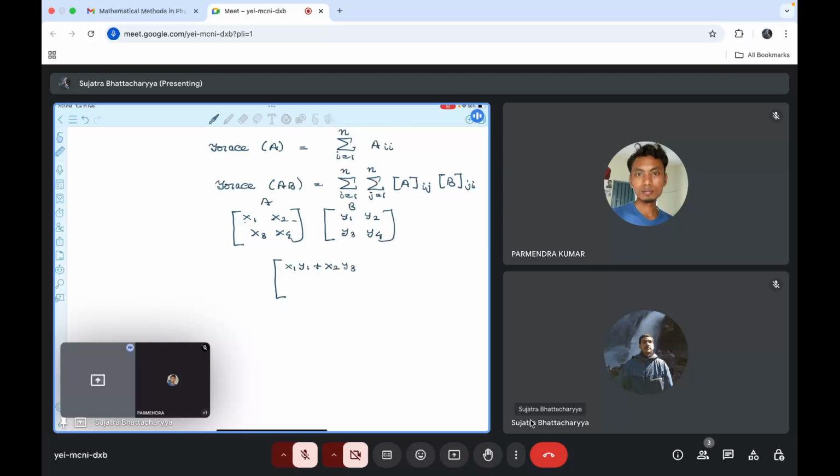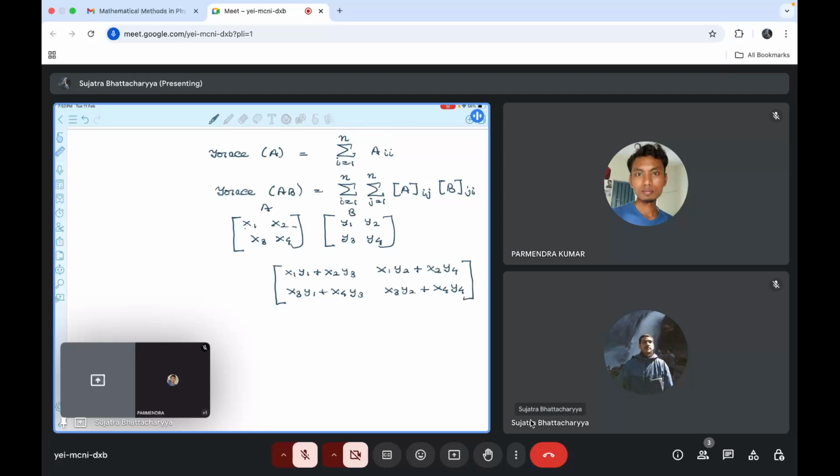The second element is x1 y2 plus x2 y4. The third element is x3 y1 plus x4 y3. The fourth element is x3 y2 plus x4 y4. I am assuming you know matrix multiplication. So this is the way.